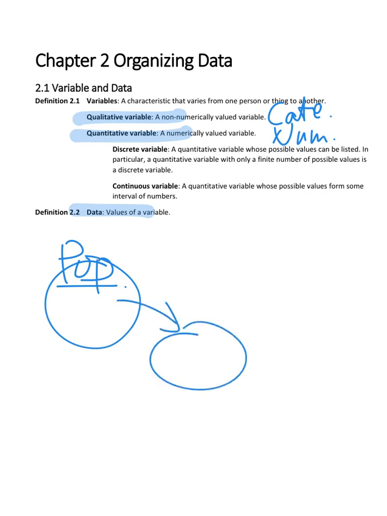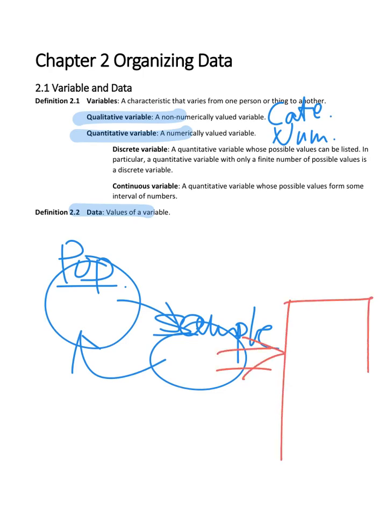So in statistics, we take a small part of the population, named the sample, and then estimate something in the population. That is what we want to get in the population. So now, from the sample, we can make the data.